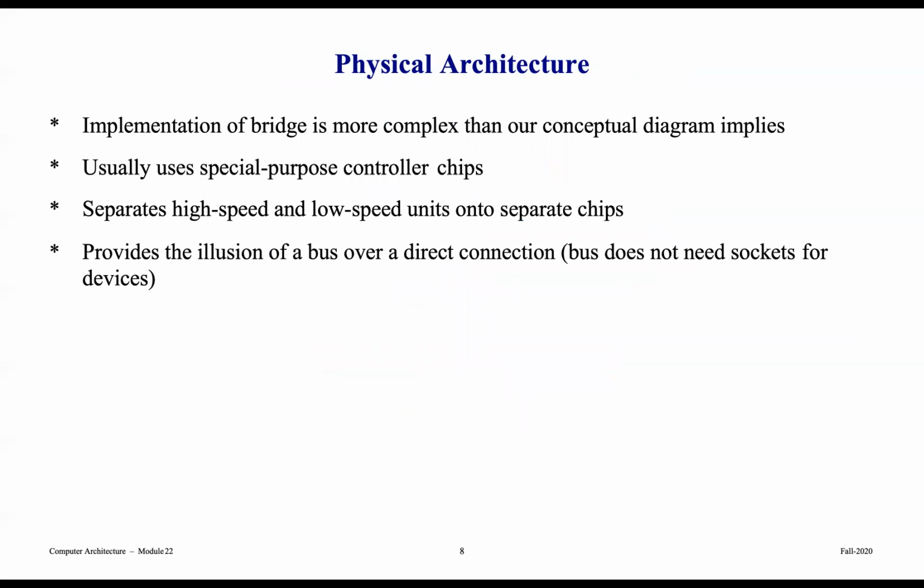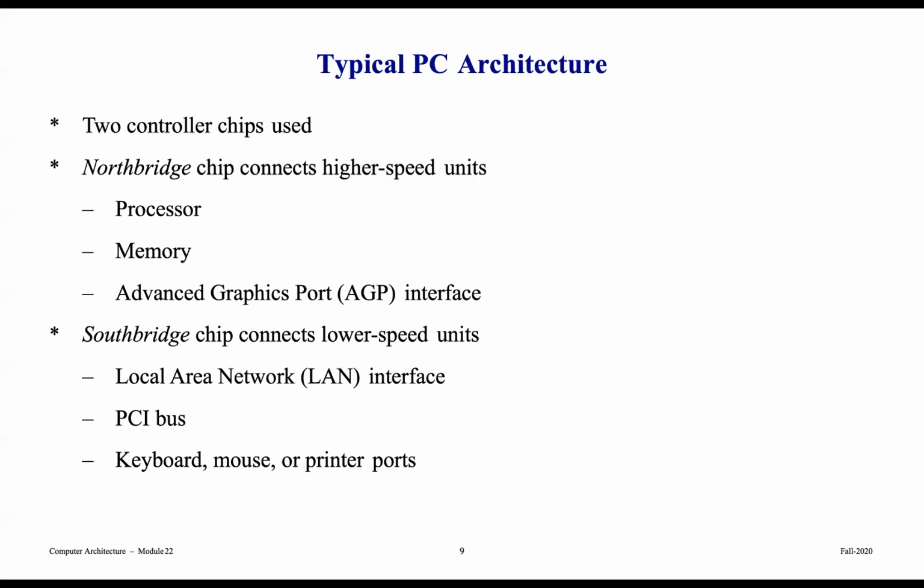In terms of the physical architecture, the implementation of a bridge is more complex than our conceptual diagram implies, but we want to at least introduce the concept here. It usually uses special purpose controller chips, and it separates high speed and low speed, and provides the illusion of a bus over a direct connection. So that's what we're trying to show.